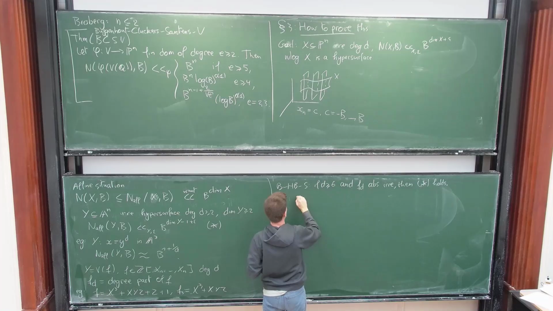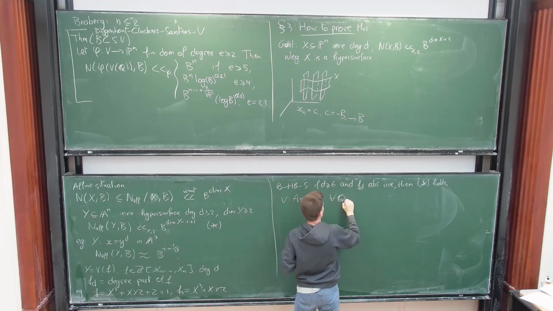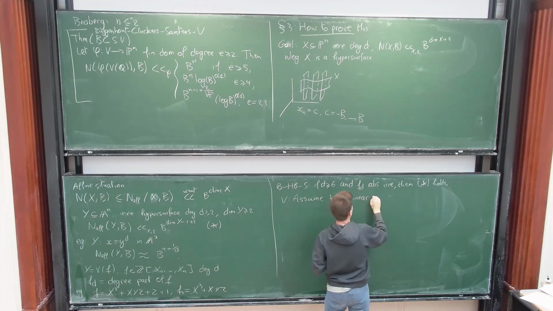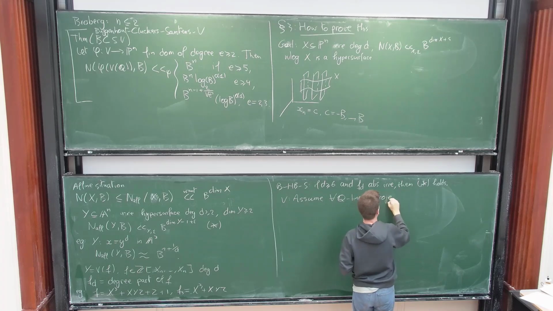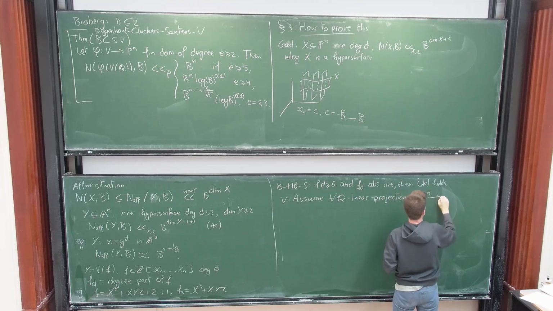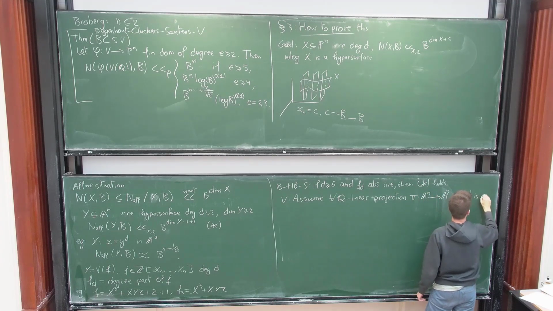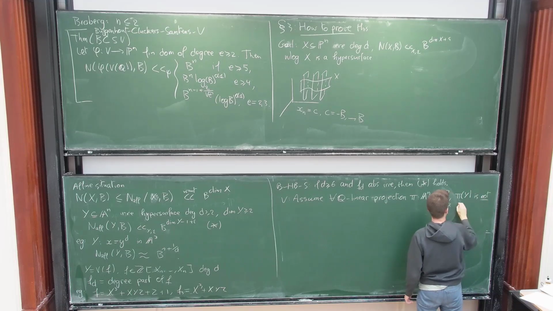So assume that for every Q-linear map or Q-linear projection phi from A^n to A^2, phi of y is not a curve.